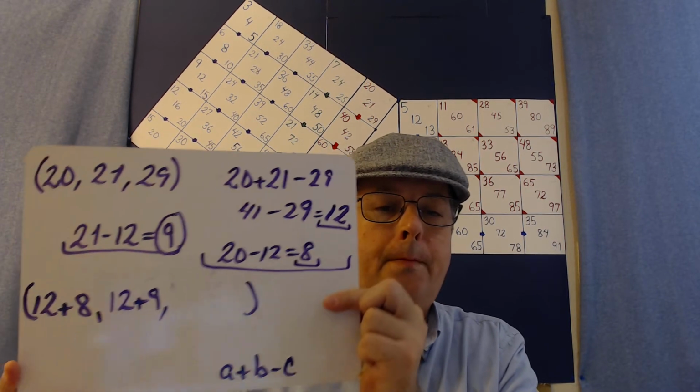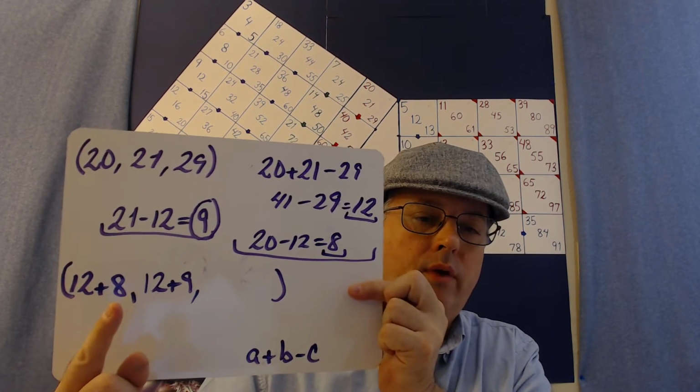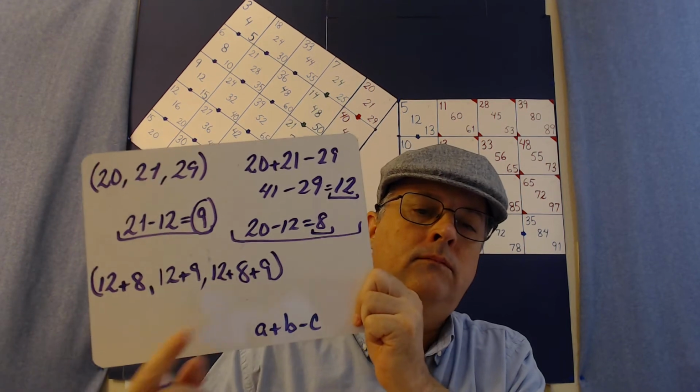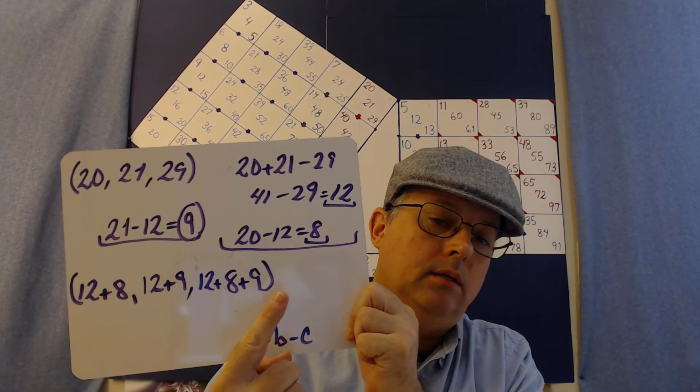Or let's write it the other way so we can have the 12 first. 12 plus 9 gives us the 21, and then if we add the 12 and the 8 and the 9 together, 12 plus 8 plus 9 together, we can see that's 12 and 8, that's 20, and 9 more, that's 29.